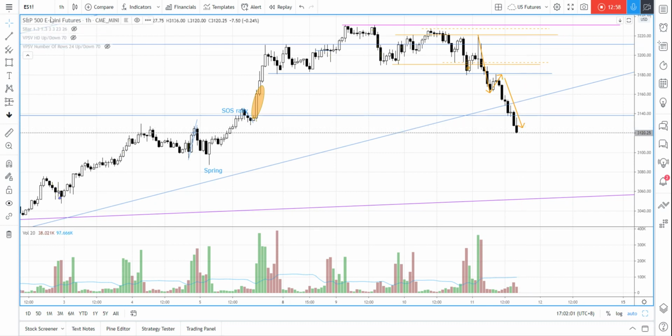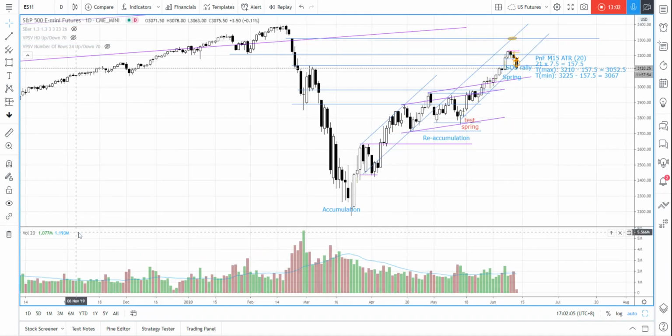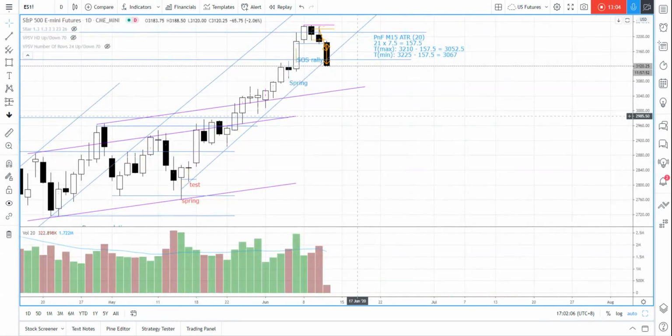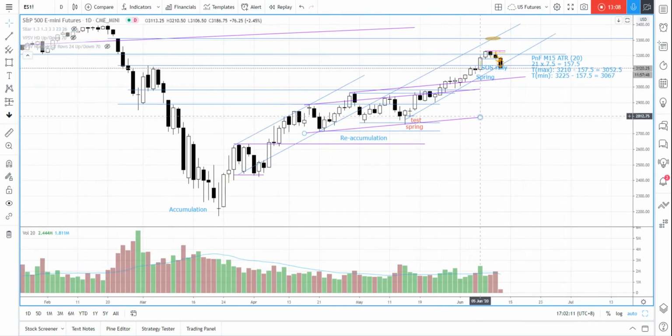And for swing trading or the higher time frame, I think overall it's still not quite bearish as we thought, because if you look at the daily time frame, after a subsequent run up from this range here, this is the reaccumulation range, and we have resolved this via a spring followed by a sign of strength rally, and possibly now it's just undergoing a backup action.